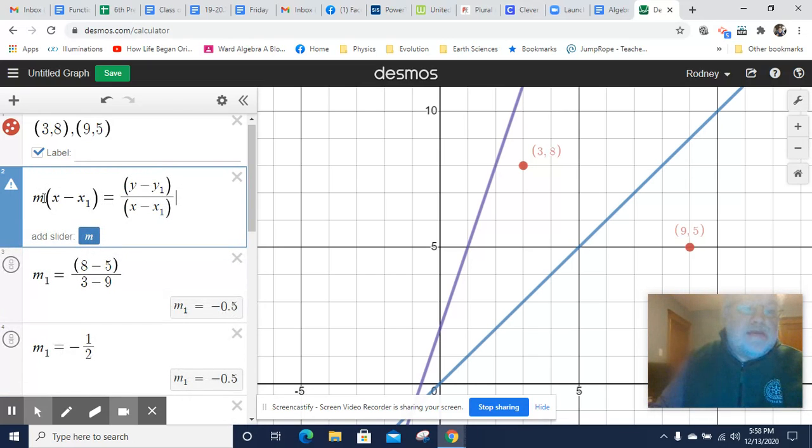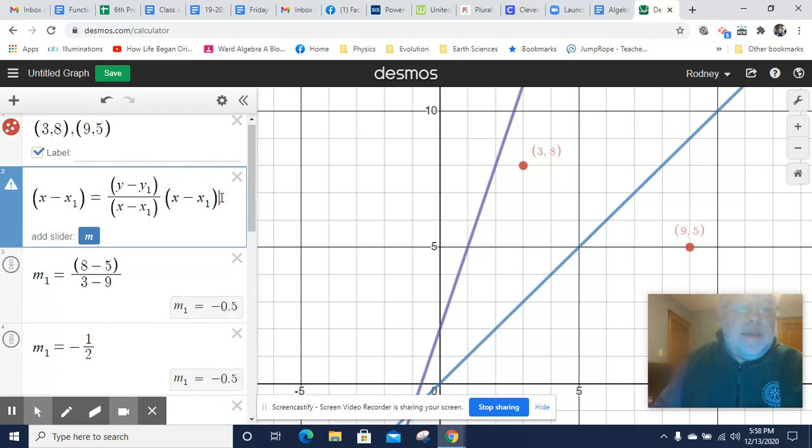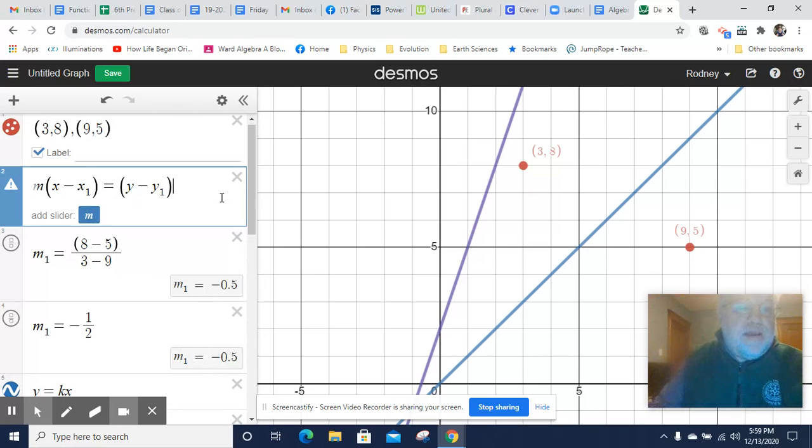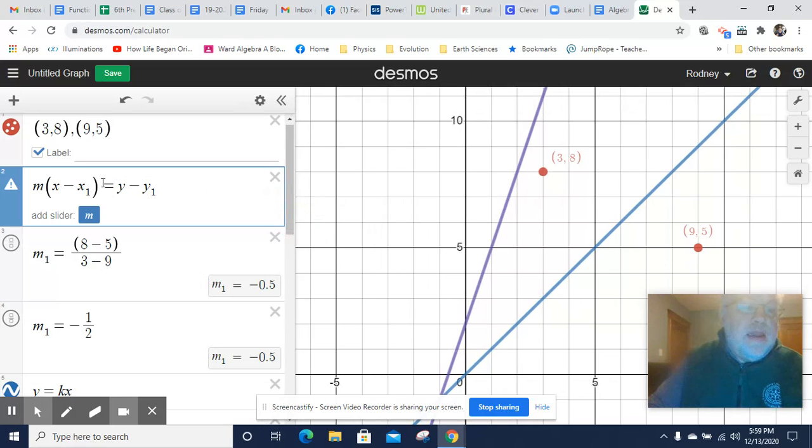And we'll multiply this also by x minus x sub 1. And what we're going to end up with is this x minus x sub 1 in the denominator and this x minus x sub 1 in the numerator, okay? They cancel each other out. So that becomes a 1, and that becomes a 1. And we don't care about a 1 in the denominator. So now we're left with y minus some known y value equals slope times x minus some known x value.